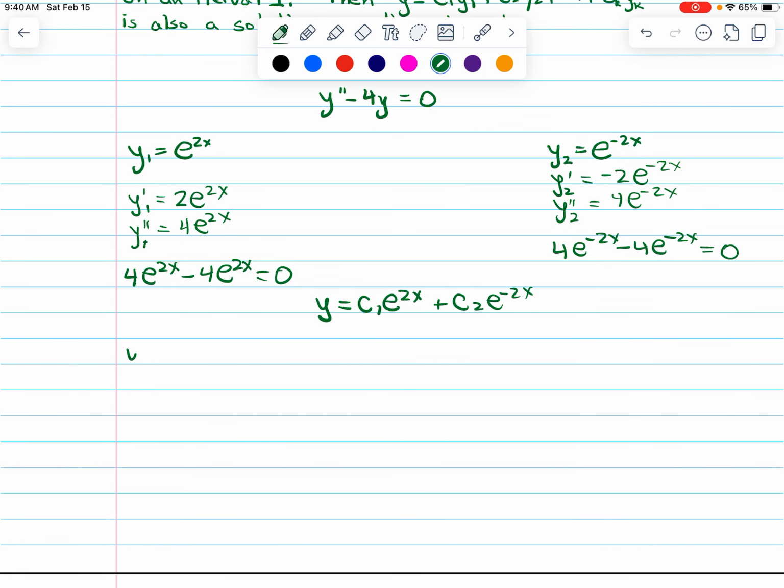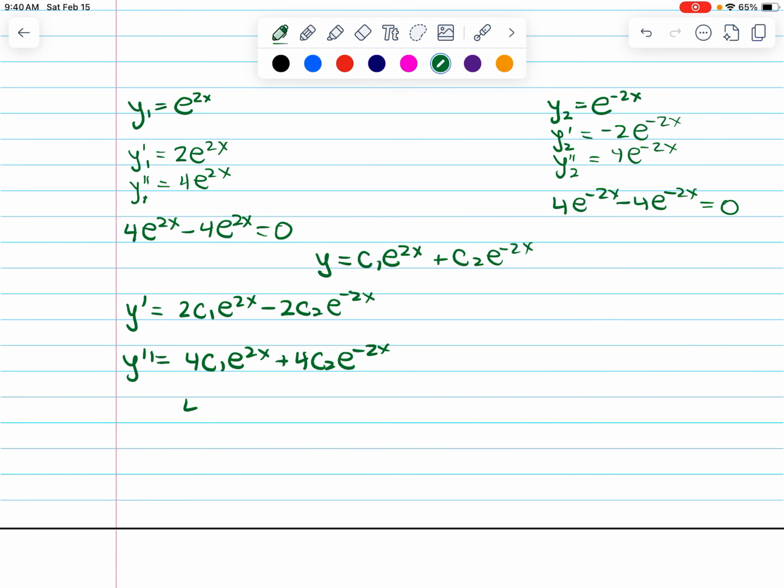And now I'm going to find the derivative here. So the first derivative is 2c1 e to the 2x minus 2c2 e to the negative 2x. And here's my second derivative, which is 4c1 e to the 2x plus 4c2 e to the negative 2x. Okay. Now I'm going to plug this back in.